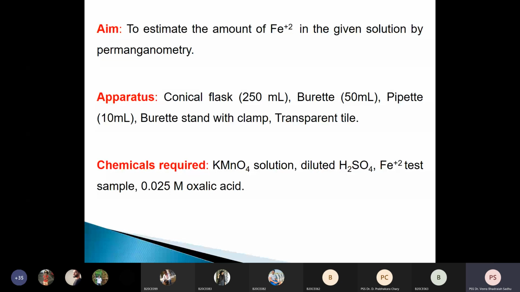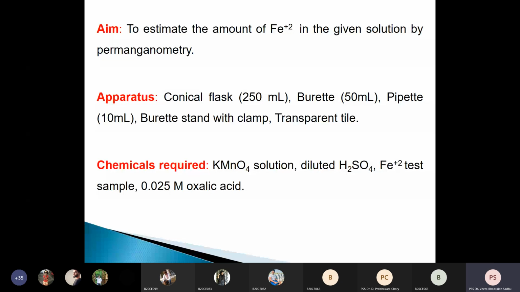Why do you require sulfuric acid? We'll come to the details in the next slides. You also require the test sample in which the ferrous ions are present, and a known concentration of oxalic acid. Why do you require oxalic acid? You already know the concentration of oxalic acid.